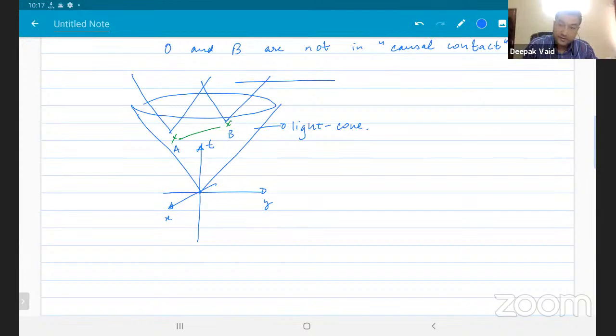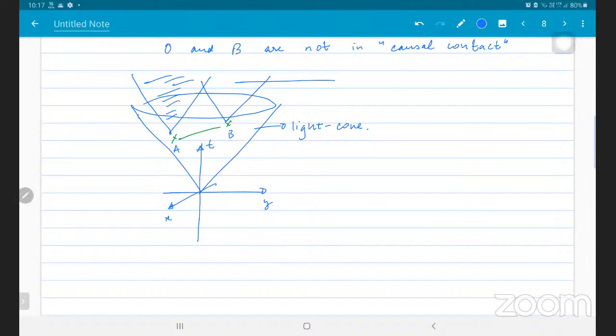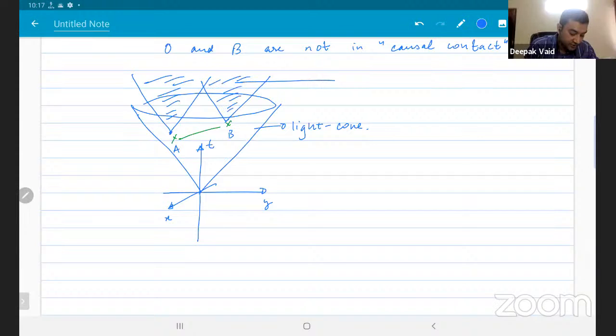So any point within this region is in causal contact with A. Any point within this region is in causal contact with B. But all of the points in these regions are in causal contact with O.